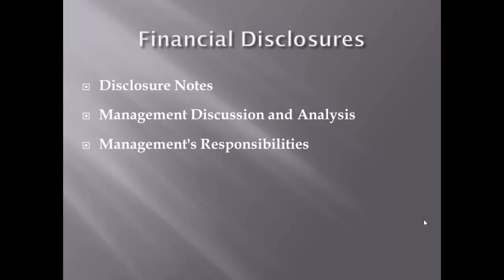Now, the internal controls are the systems and policies and procedures that are in place to ensure that the financial statements are fairly reported. Now, the management's responsibility section also states the responsibility of the auditors to attest to the fairness of management's financial statements.